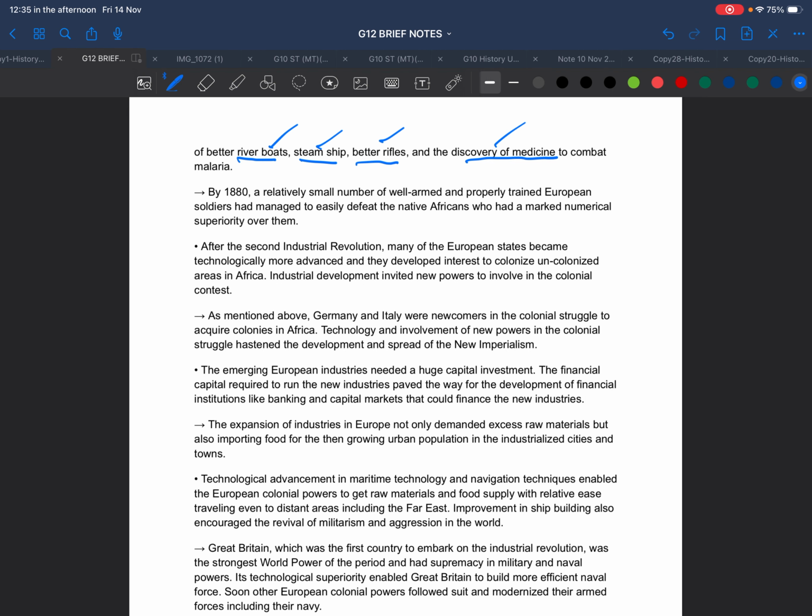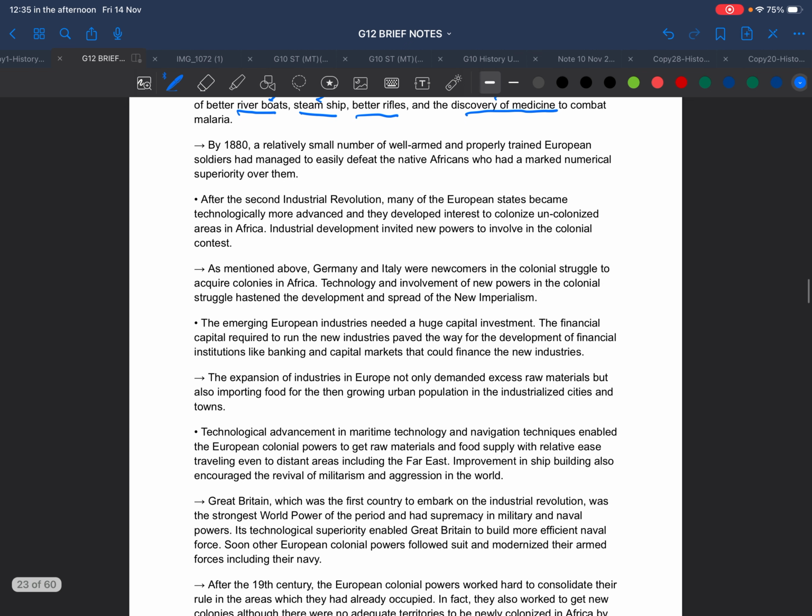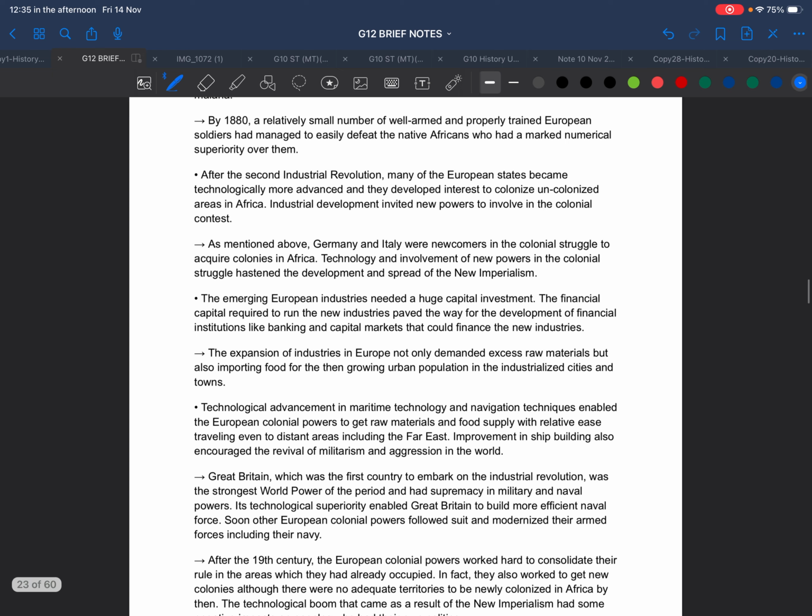By 1880, a relatively small number of well armed and properly trained European soldiers had managed to easily defeat the native Africans, who had considerable numerical superiority over them.